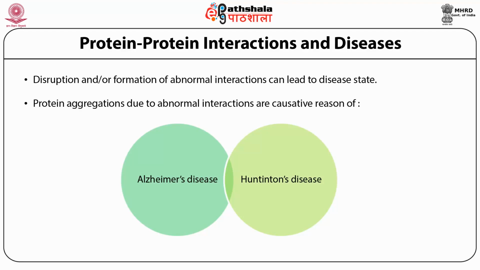Here there is an abnormal interaction happening because there are certain patches in the protein that allow these interactions to take place. This causes large aggregations, and these aggregations can either accumulate in the cell and create problems, or they can sequester other proteins and cause a loss in function.